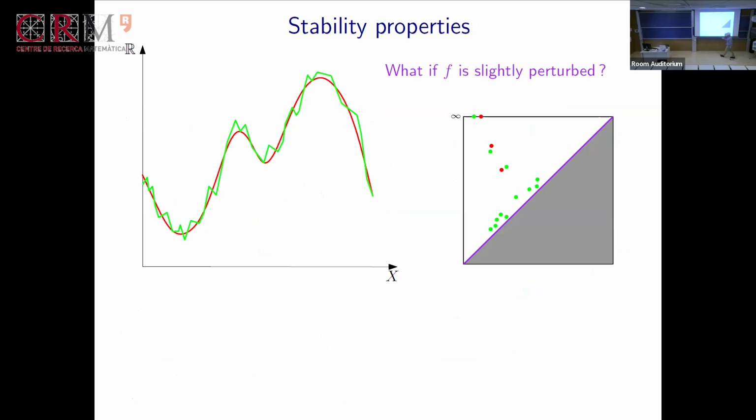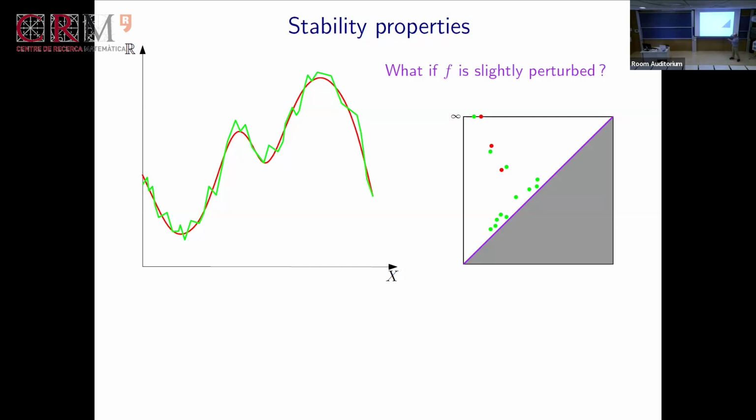As you can see in this very simple example, the changes in the topology were due to local maxima and local minima. So if I shake my function a little bit, I add a lot of new small local minima and maxima to my function that will obviously create some new intervals. But the point is that these new intervals, in fact, are very short ones.